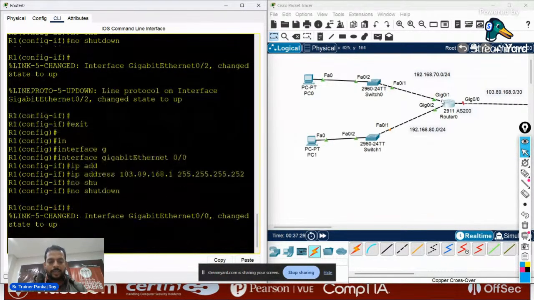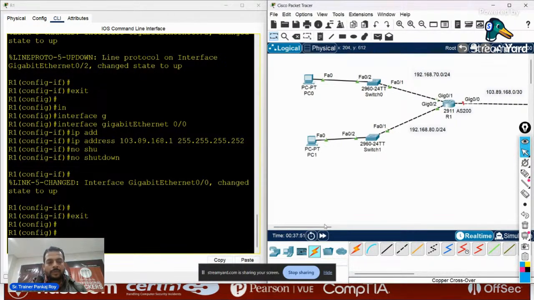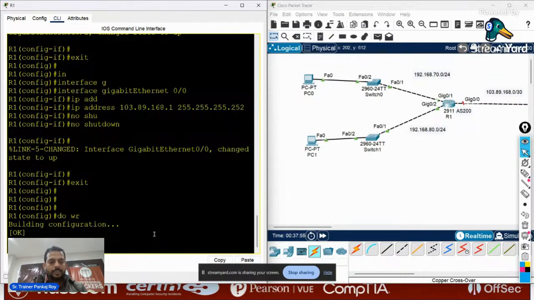No shutdown, exit. So on router 1, all the ports are configured with IP addresses. So I give the name of the router, router 1. Okay, save this, do wr. So exit.